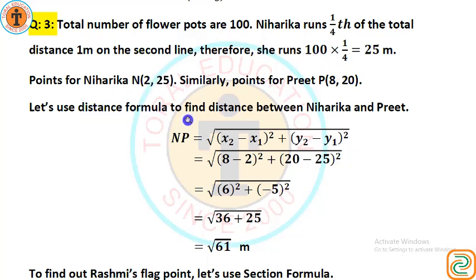Let's use the distance formula first to find the distance between Niharika N and Preet P. So NP equals the square root of (x2 minus x1) whole square plus (y2 minus y1) whole square.